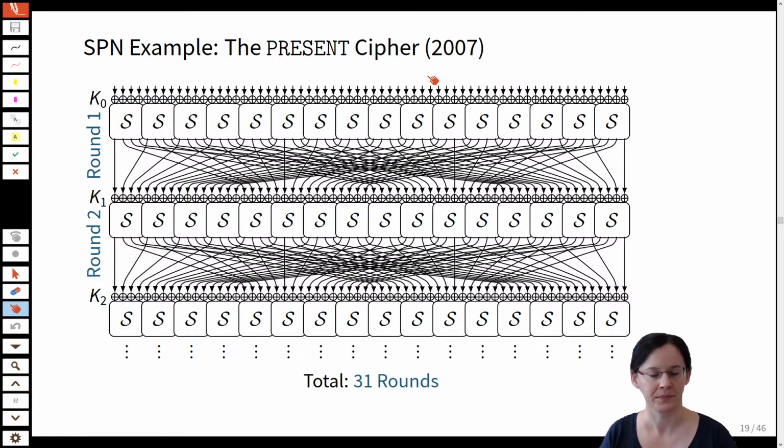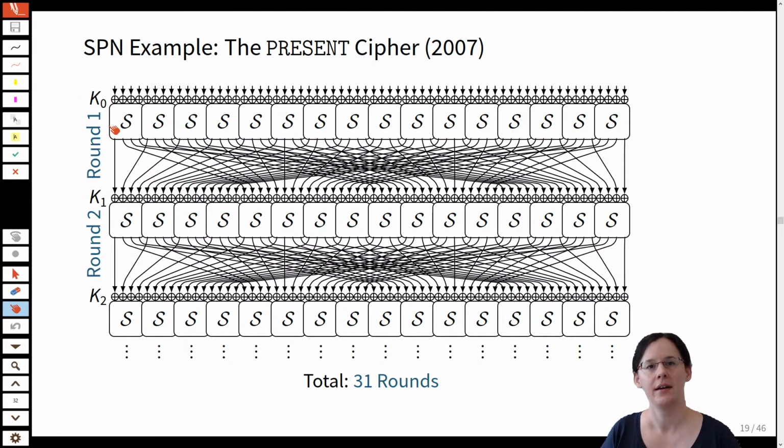What it has is a 64-bit message input, where each of the message input bits is represented by an arrow here. It follows the key alternating construction, which means that after each round, some round key, defined by the key schedule, is XORed to the entire state. And then we have the S and P steps.